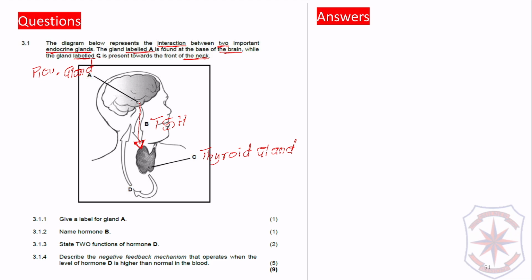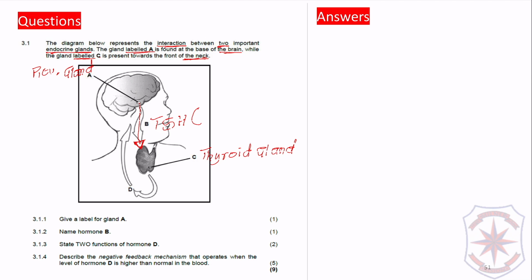Now, what is the function of the thyroid stimulating hormone? Let's just remind ourselves, it's in its name. It stimulates or causes the thyroid gland to secrete or release thyroxin.